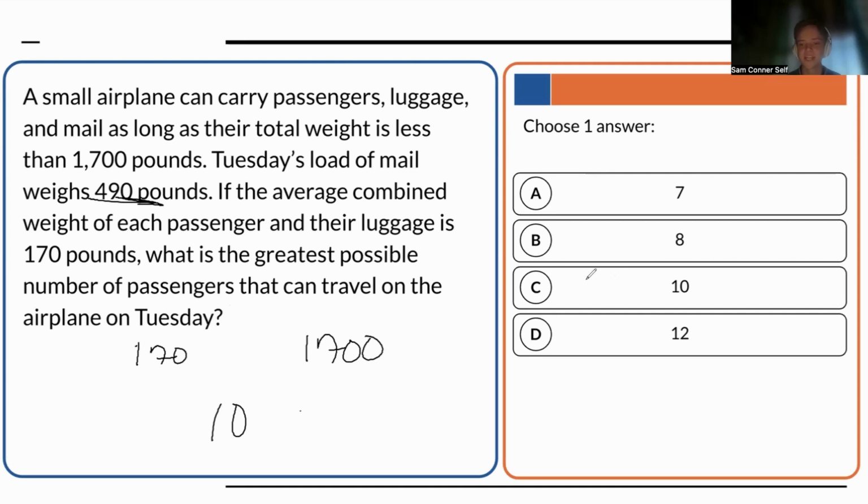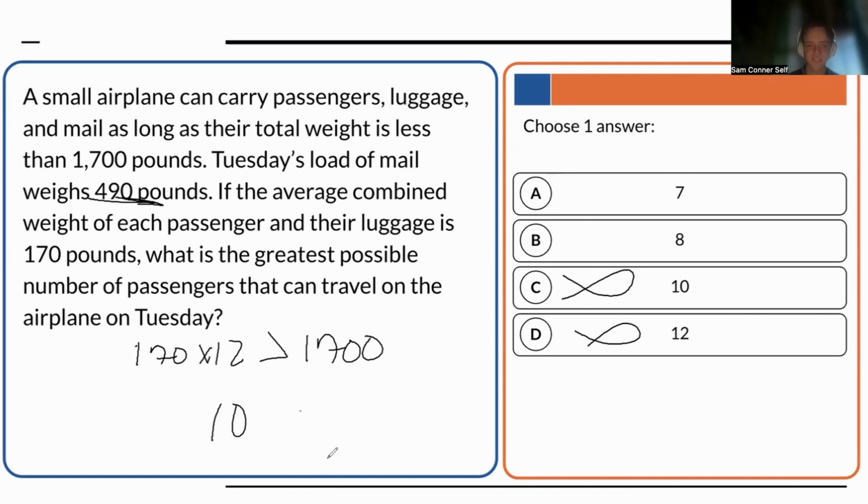So that means that the answer can't be C because they don't account for the mail. And that also means that it can't be D because, for one, D is greater than C. And also, 170 times 12 is going to be greater than 1,700. So given that, that leaves us with two answer options, A and B.